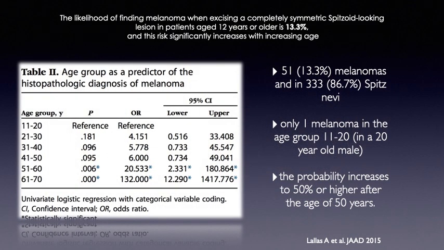So the likelihood of finding a melanoma when excising a completely symmetric spitzoid-looking lesion in patients aged 12 years and older is 13% overall, but this probability increases to 50% or higher after the age of 50 years.